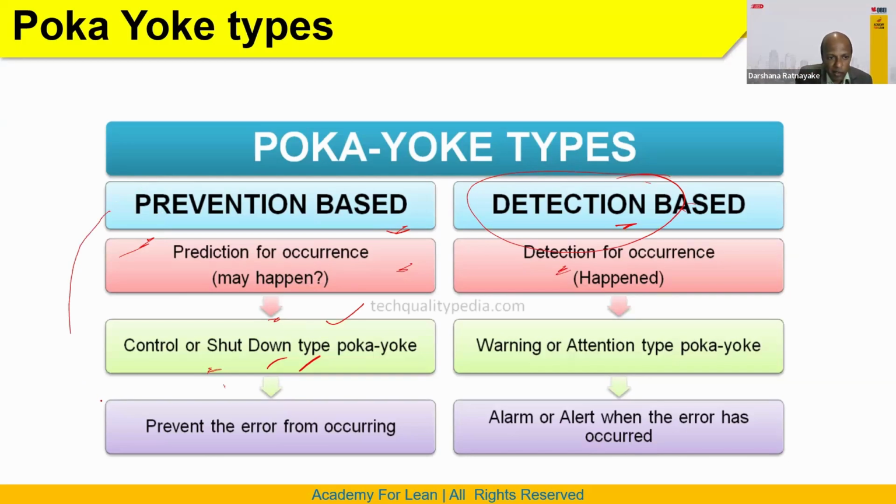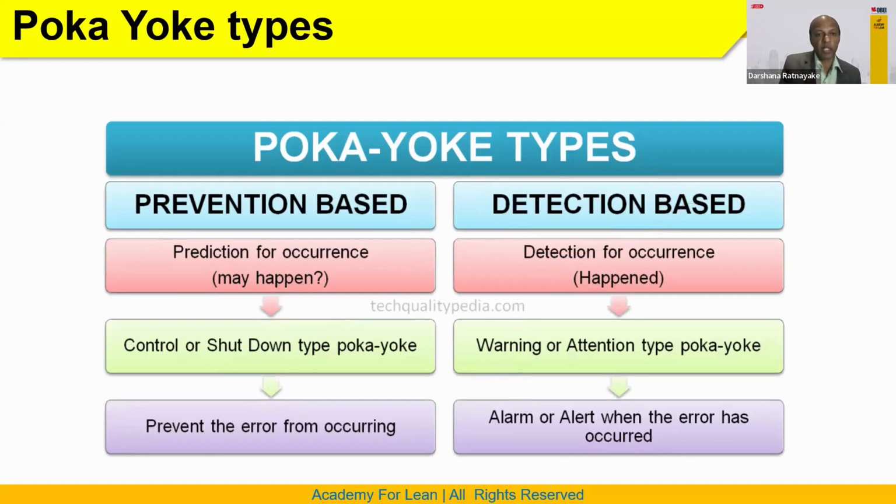This type of error proof prevents the error from occurring. No defect. Before a defect is generated, the machine is stopped. Detection type means the defect has already happened, then the machine is stopped. Right?